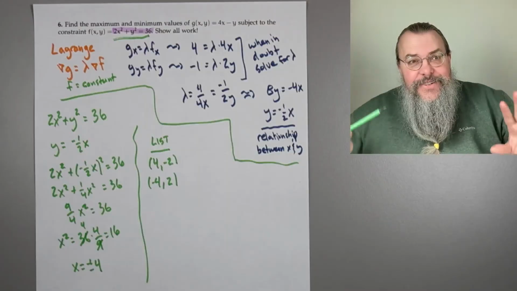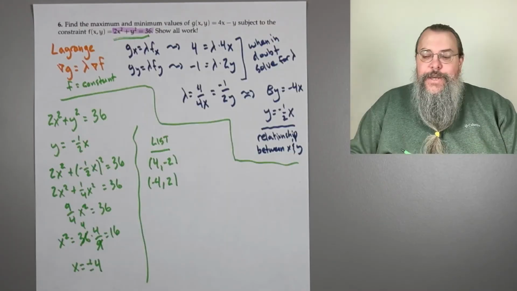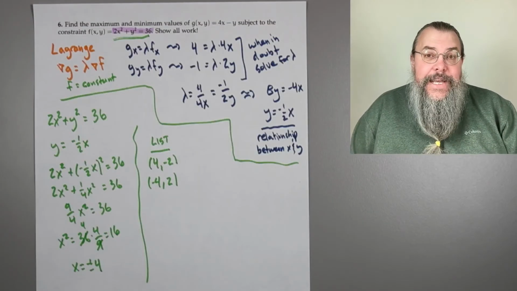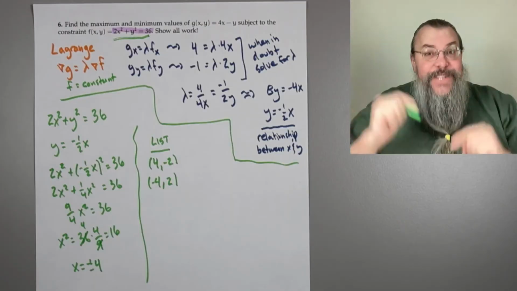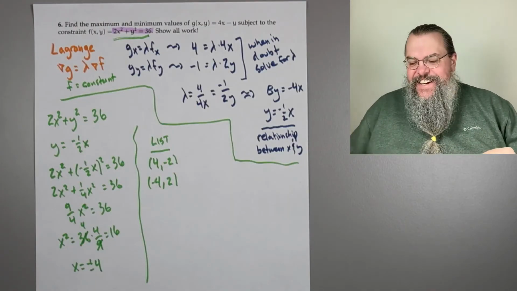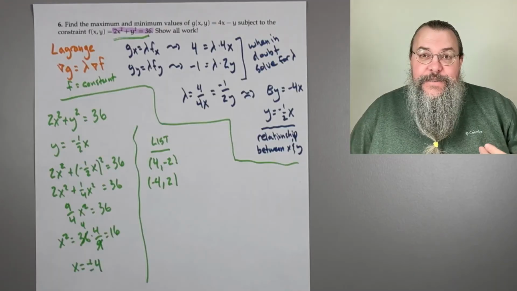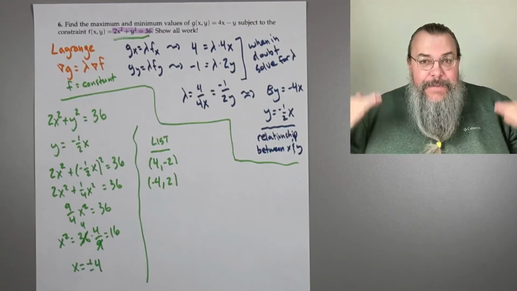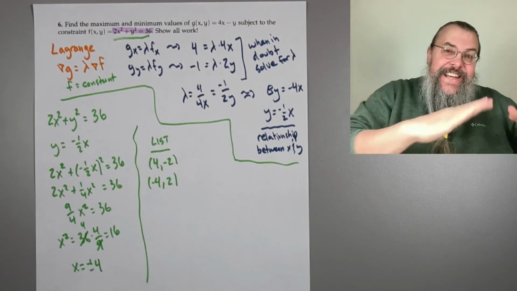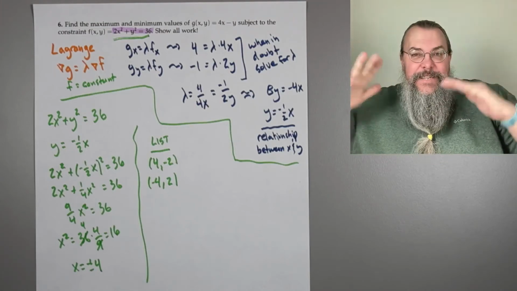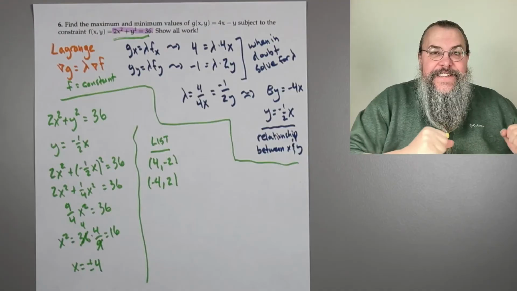Now there are some interesting technicalities, and I will say it has happened multiple times in the past on exams involving these constraint optimization, these Lagrange multiplier problems, that the people who wrote the problem did not pay attention and the max and mins were not on these lists.